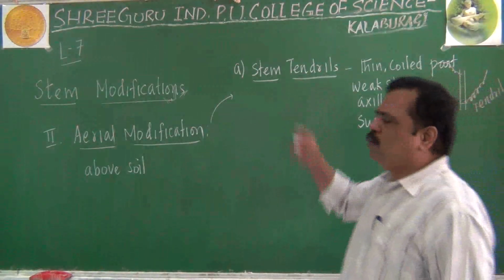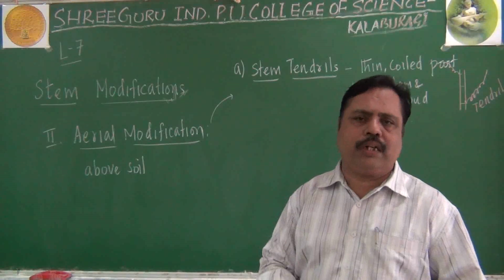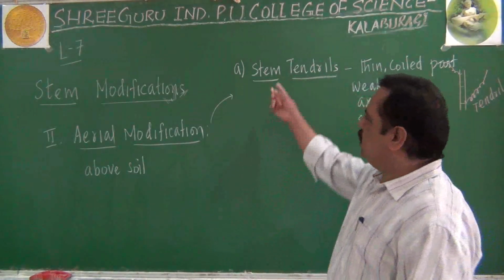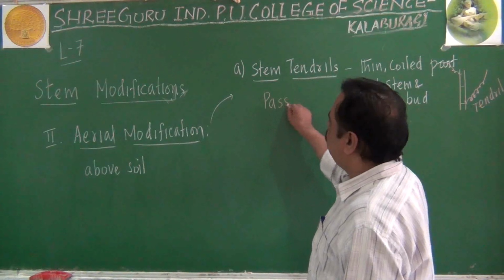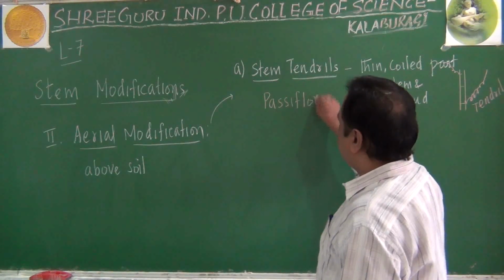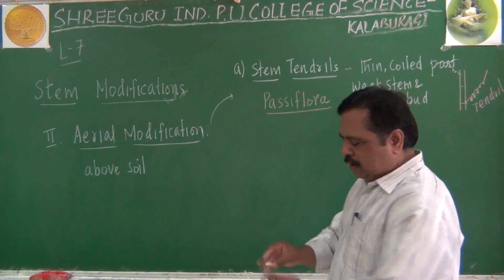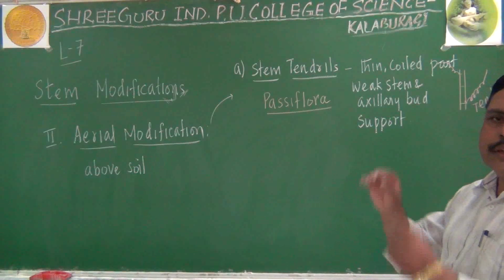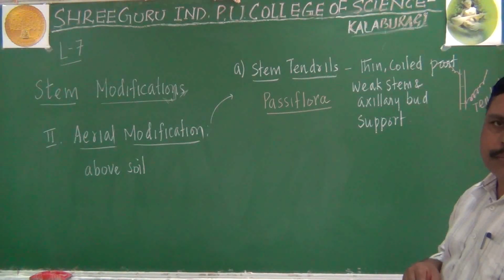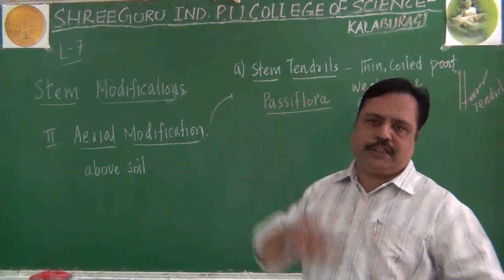Okay, where do we find this stem tendril? In which plant could we come across stem tendril? Stem tendrils are found in a plant called Passiflora, remember. Passiflora is an example for stem tendril. They produce a coiled thin structure which can be used for supporting purposes because this Passiflora has got a weak stem.